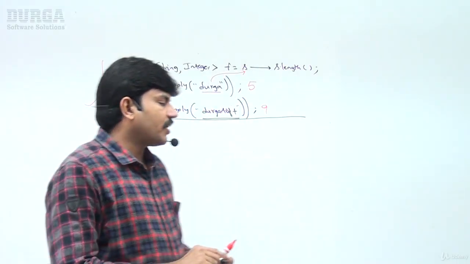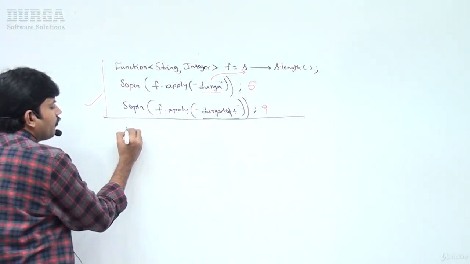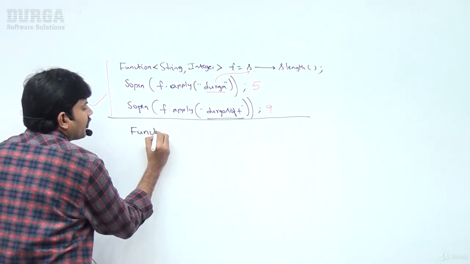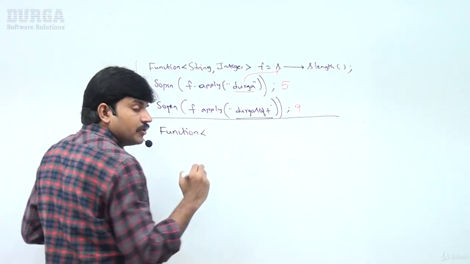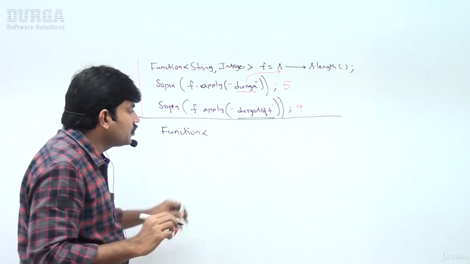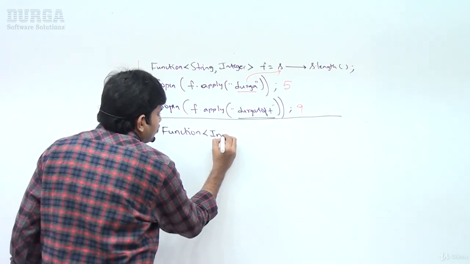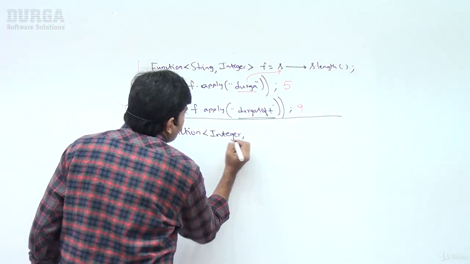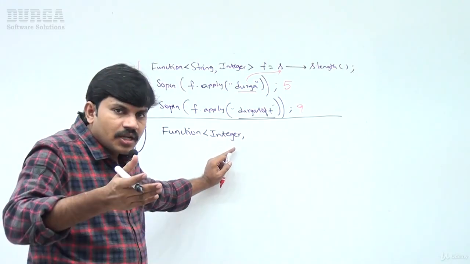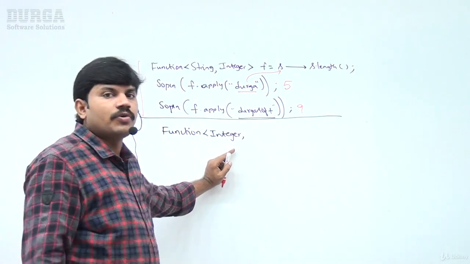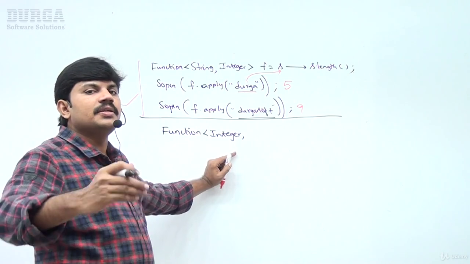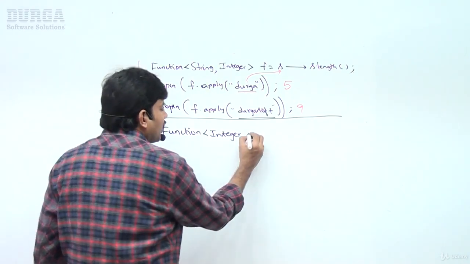How can you write? Very simple. Observe. Function, you have to provide which type? Integer type. My input is integer type. Now the return type is what type? Square means integer square is always integer type only.